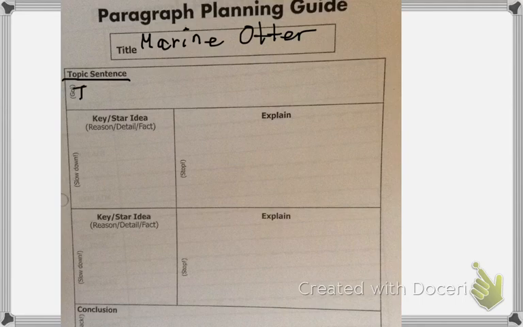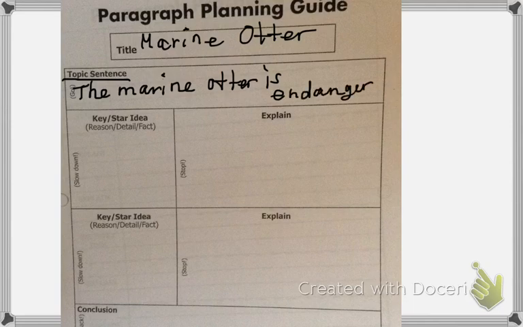So I'm going to say, the marine otter is endangered. Okay, period. I'm going to move on to support my marine otter is endangered with, in the directions it tells me that my first star idea should be a physical description of the animal.